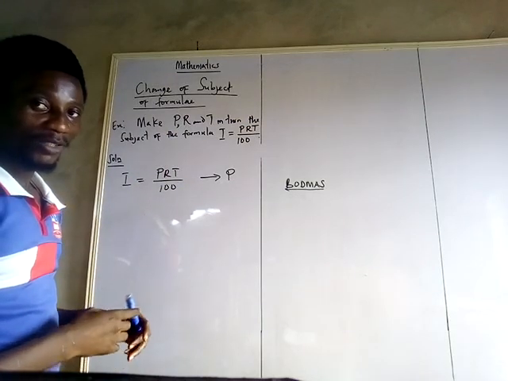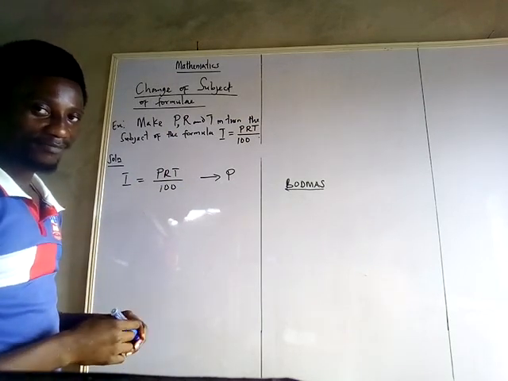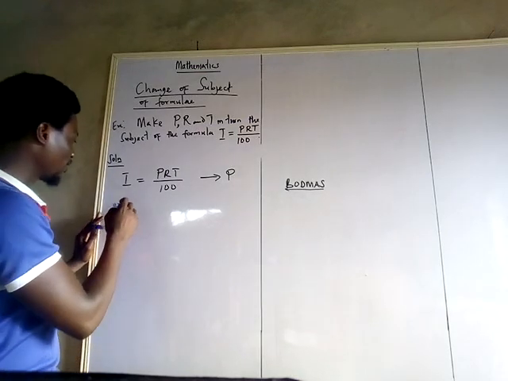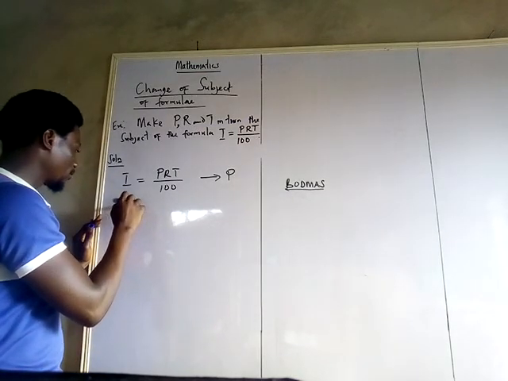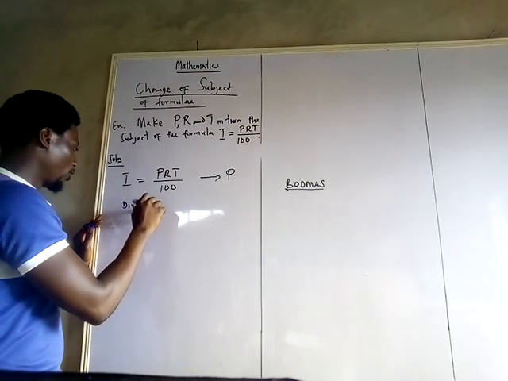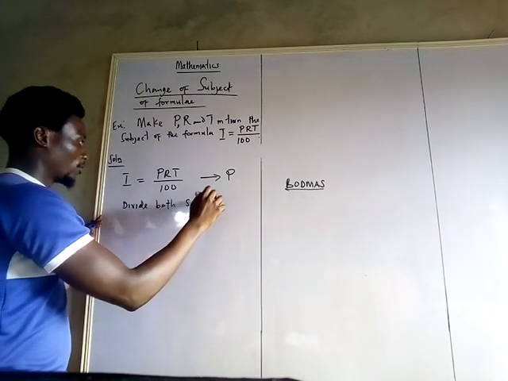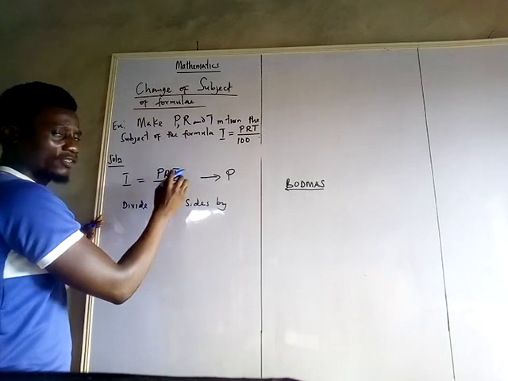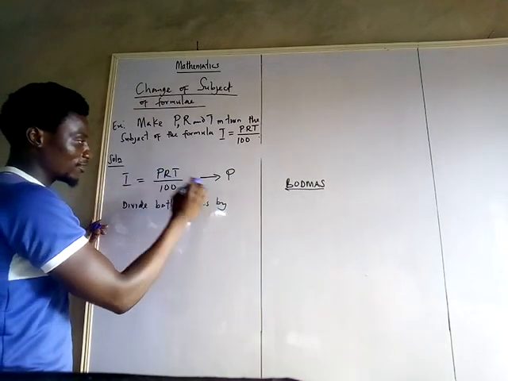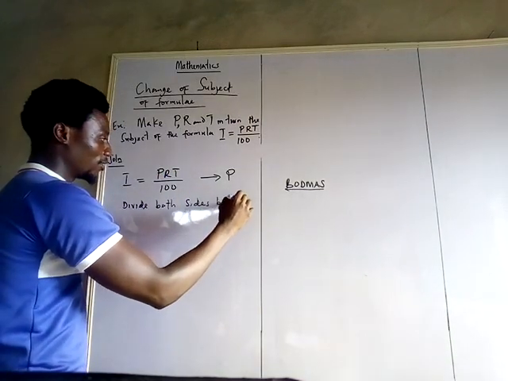How do we do that? We are going to divide. Am I making sense? So we say divide both sides by what we are using to multiply P, that is R and T, by RT.